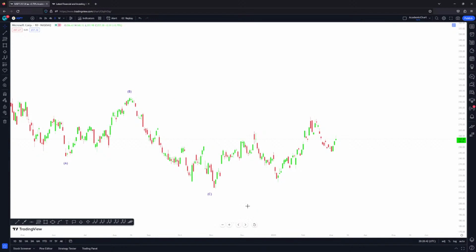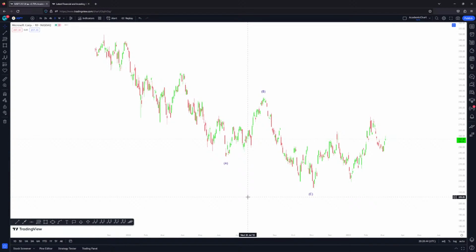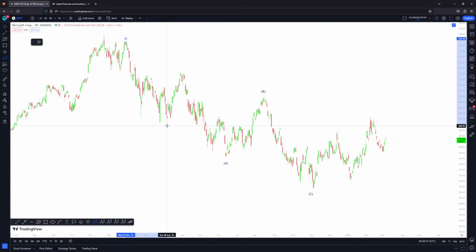Just go back to the daily and zoom out a little bit to see what I have already done. This A should be a 5 wave. I can almost see 1, 2, 3, 4, 5. If I start from here, this is my first wave, second, third, fourth, and 5.